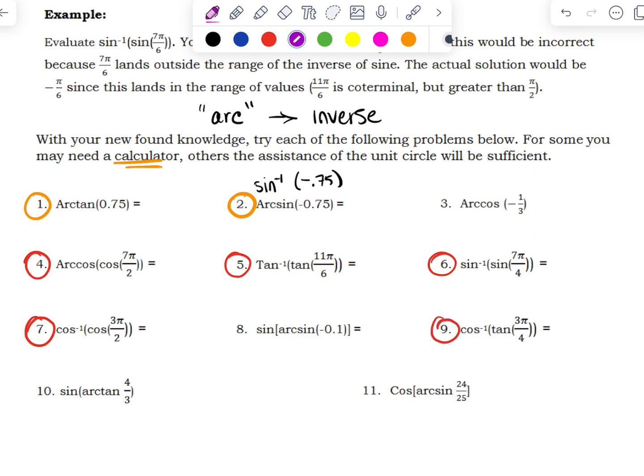And then I think you're going to need a triangle for 10 and 11. Ooh, and if I'm looking at it more closely, I think you might need your calculator for 3 and maybe for 8, but you might see something nice happen in problem number 8. So calculator for the ones I just circled in orange. These are no calc, the ones in red. And the ones in purple, you're going to need a reference triangle.